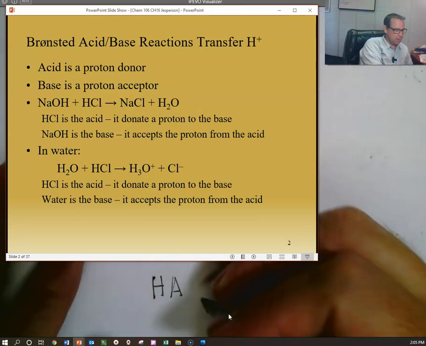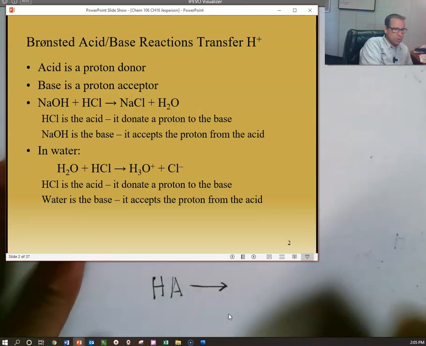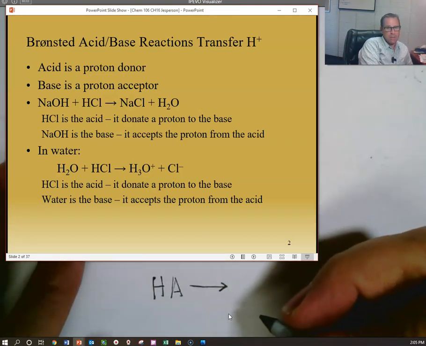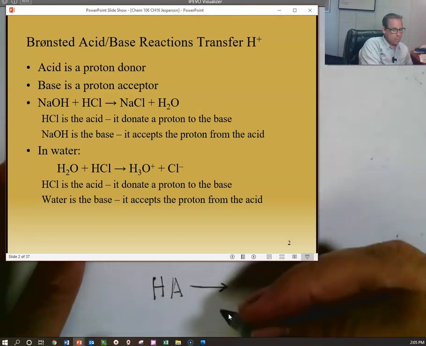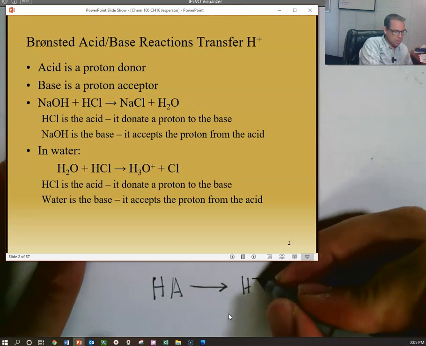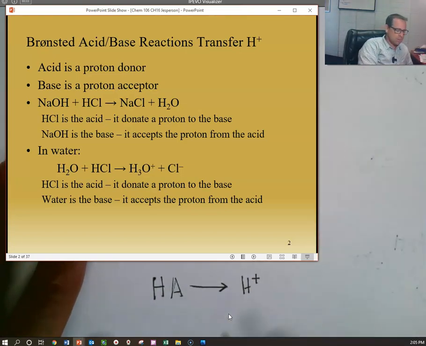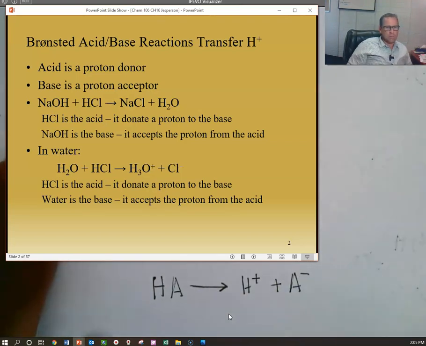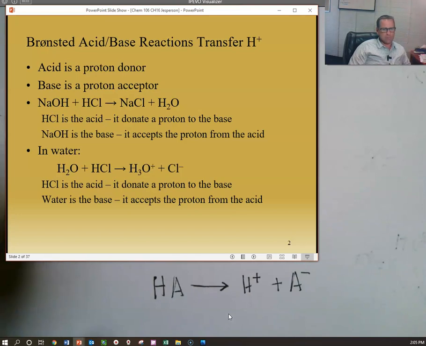When you put this into water, the general definition of an acid is a chemical which, when placed into water, dissociates to release the hydrogen ion. And then the rest of what's left will be over here. Okay? So an acid is a molecular compound, however, when placed in water, it behaves ionically.